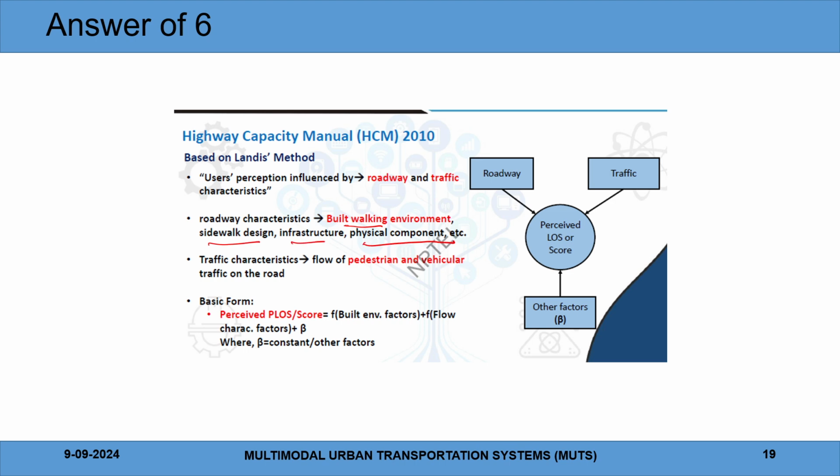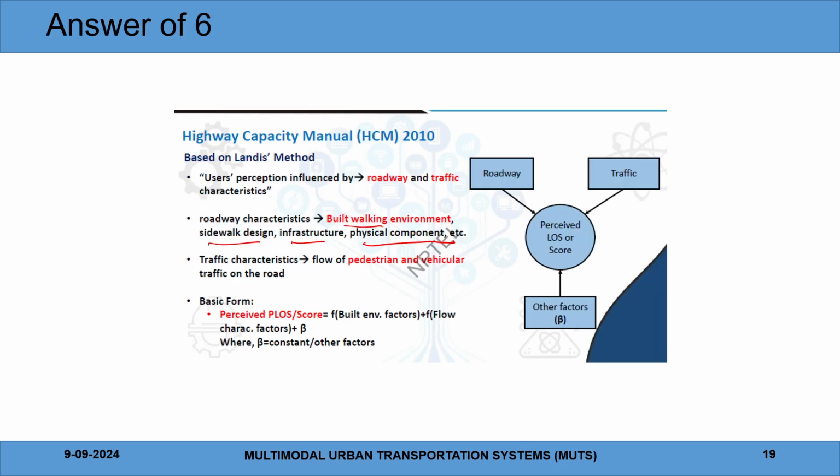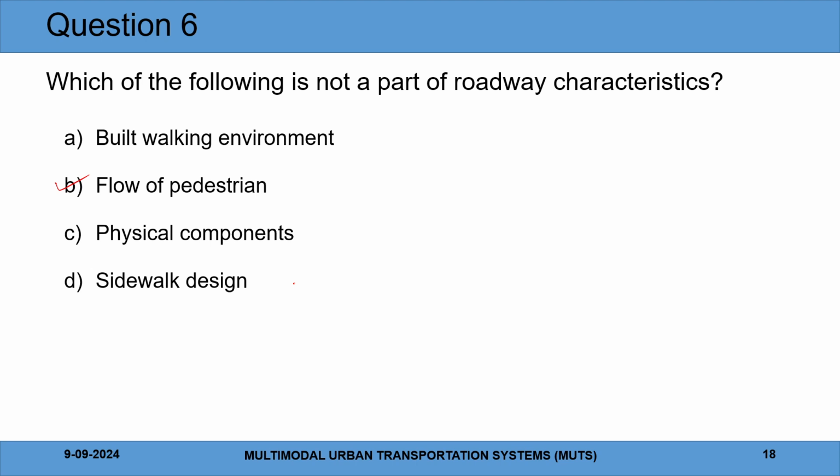But this flow of pedestrian is not a roadway characteristic. This is basically a traffic characteristic: flow of pedestrian or vehicular traffic on the road. Both of these things are required for deriving the perceived LOS score. But here it is asking which is not a part of the roadway characteristics. So flow of the pedestrian will be the correct answer here.